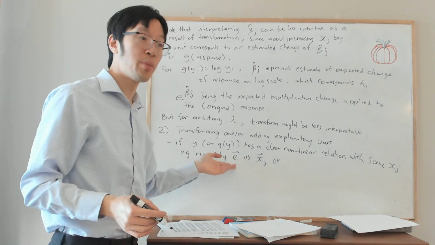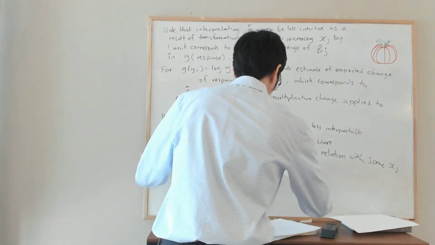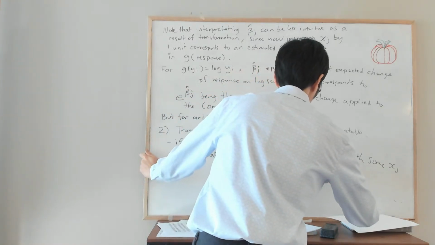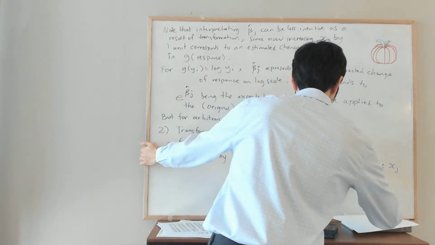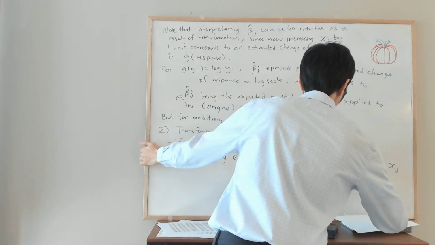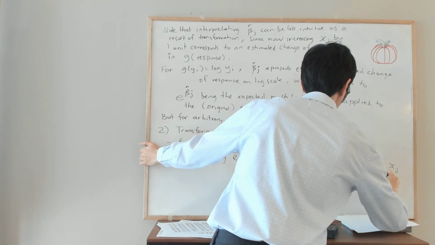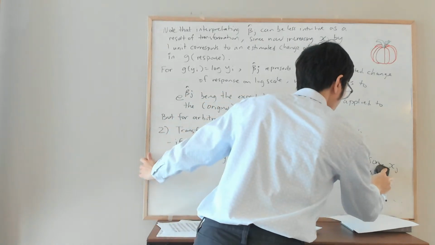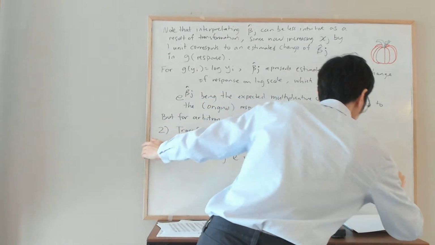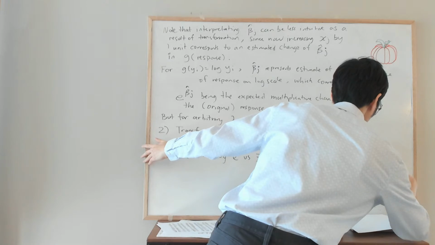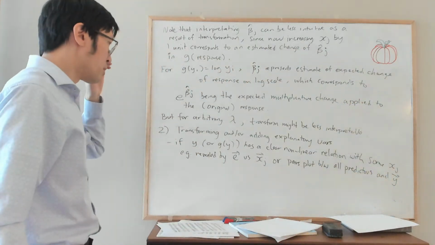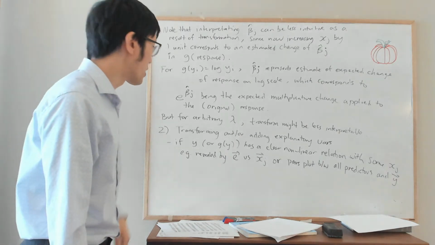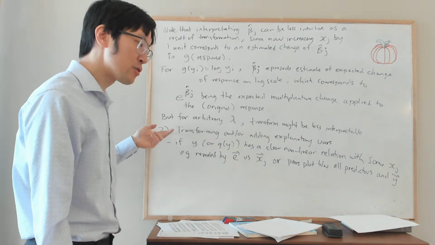For example, you make the pairs plot, which is between all predictors and y. If the relationship appears to be nonlinear, we can consider transforming x as well.